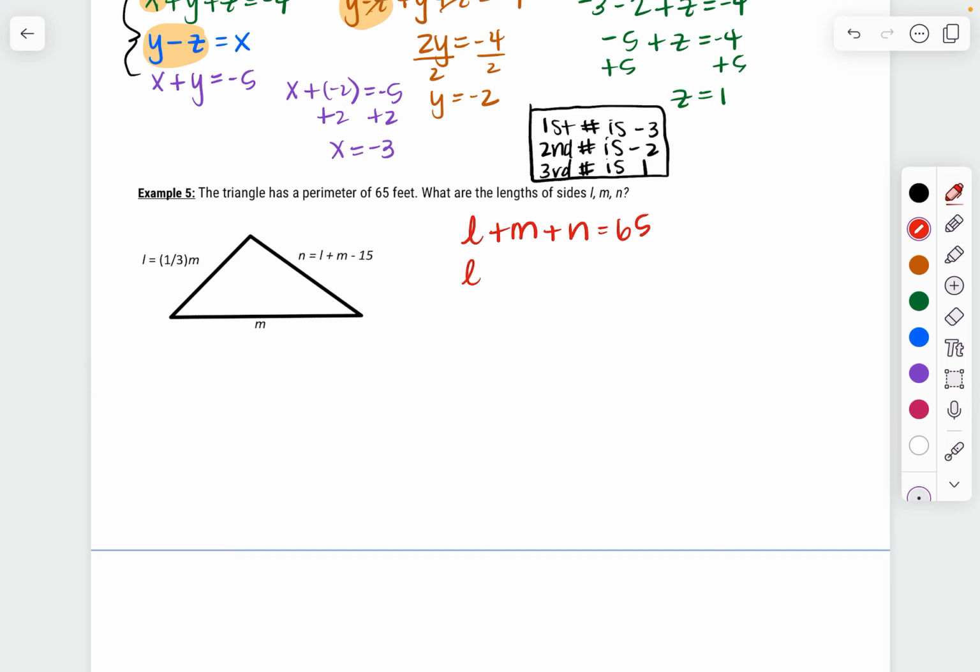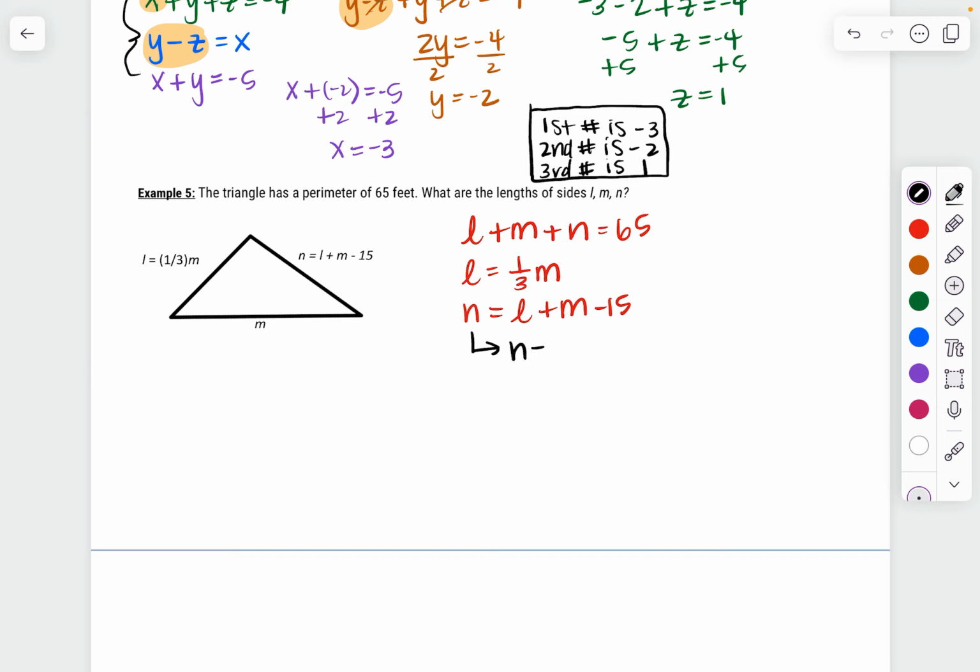So the first thing is they told us L is equal to 1/3 M, and they said N is equal to L plus M minus 15. And both of these equations are almost all in terms of M, but for this last one, I'm going to change it a little bit.